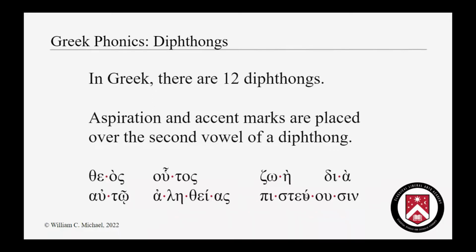Epsilon upsilon with the acute accent mark written over the second vowel of the diphthong. So the aspiration and accent marks are placed over the second vowel of a diphthong in Greek words. That should help you understand why the marks are where they are when you see them marking a diphthong.